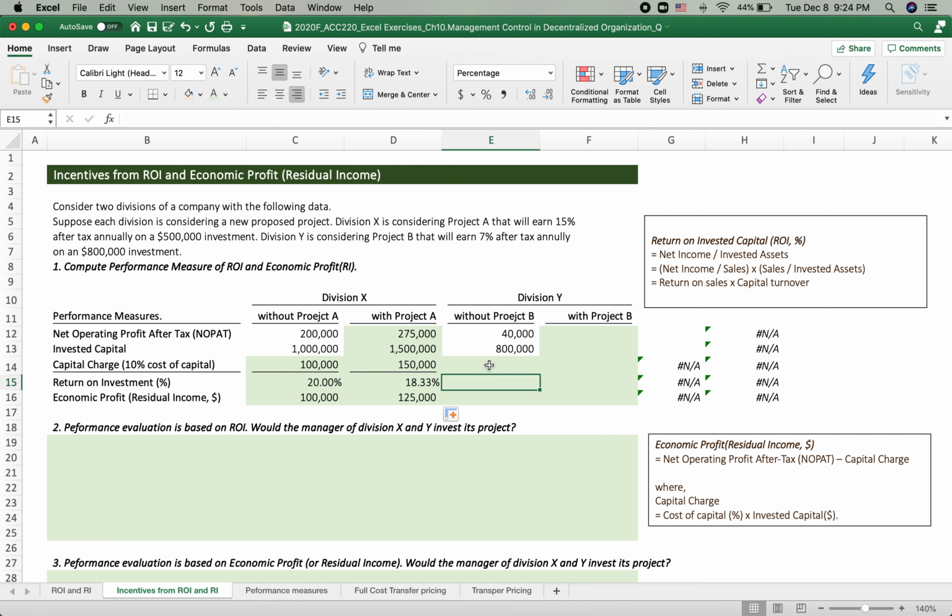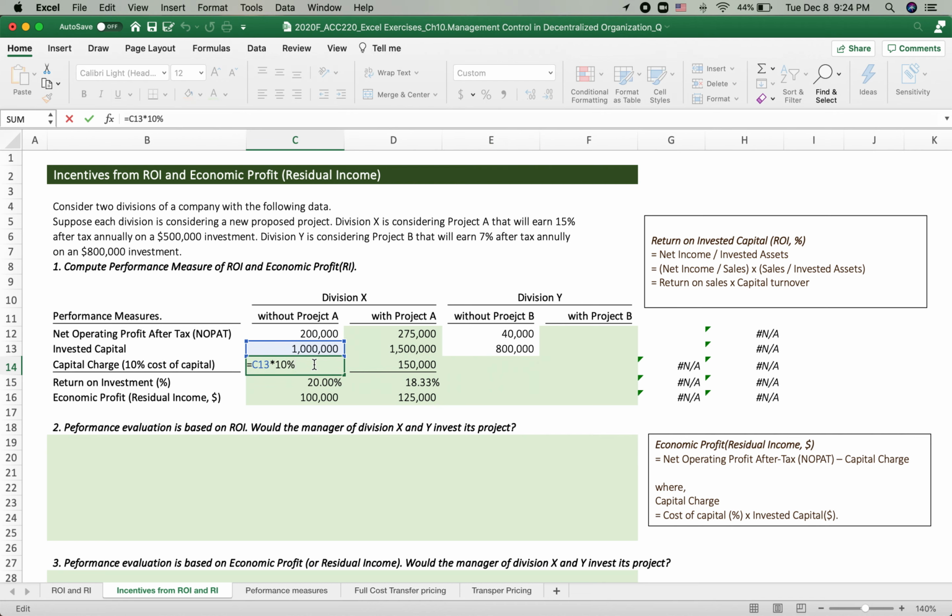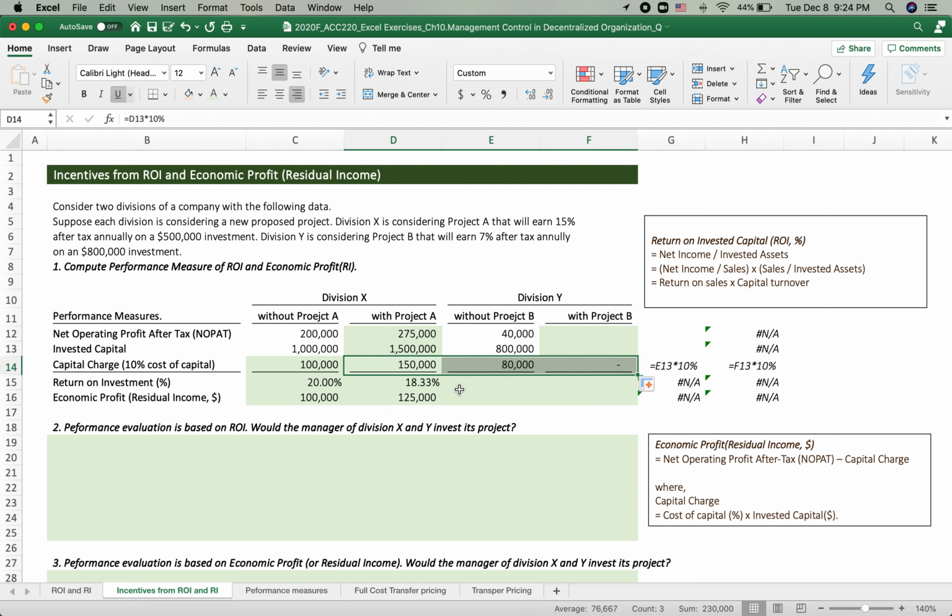Okay, so let's practice one more time without the project B for division Y. Now we can just drag to the right, and then we also just drag to the right, the same way. Without project B, the economic profit was negative 40,000 and return on investment was 5%.